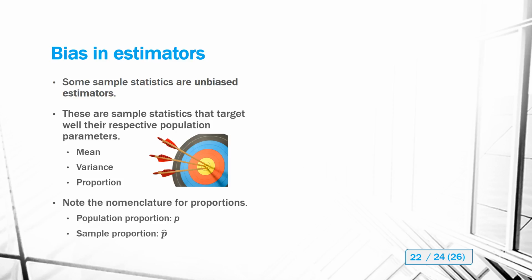Note that when we're talking about proportions, there's a little bit of nomenclature that's different from what we would normally see. Normally when we're talking about a population parameter, we use a capital letter, and then we use the corresponding lowercase letter for the corresponding sample statistic. Here, because of the capital letter P, we want to use P for proportion.